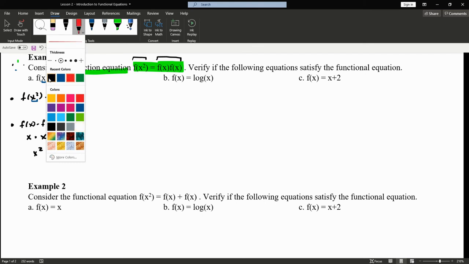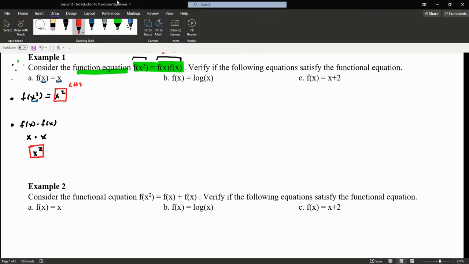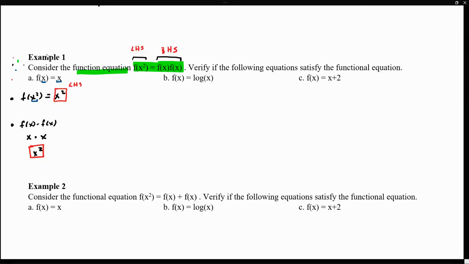Notice that we have the same expression on the left-hand side as on the right-hand side. So the function f of x equals x made this a true statement. Therefore, this is a solution, because sometimes in functional equations there are different solutions that we can find.